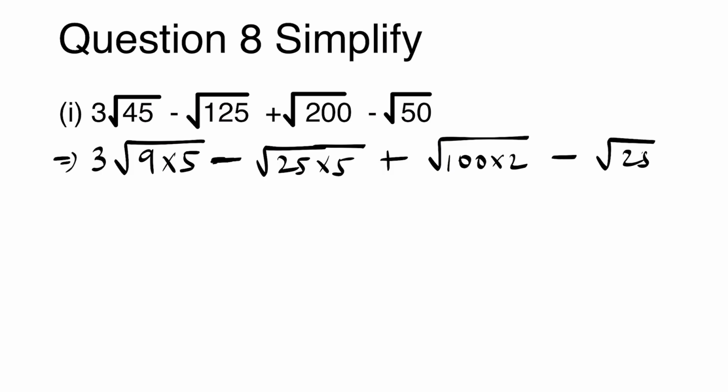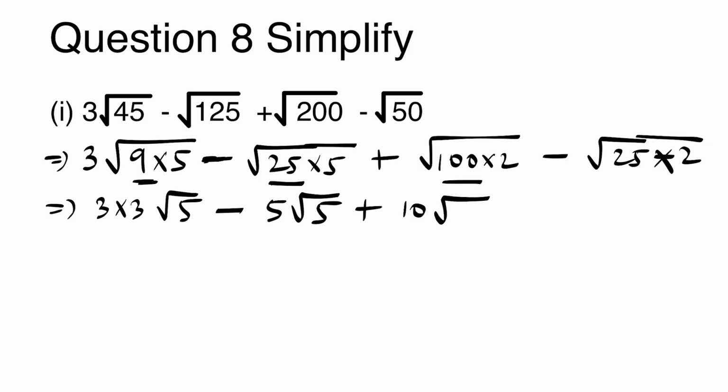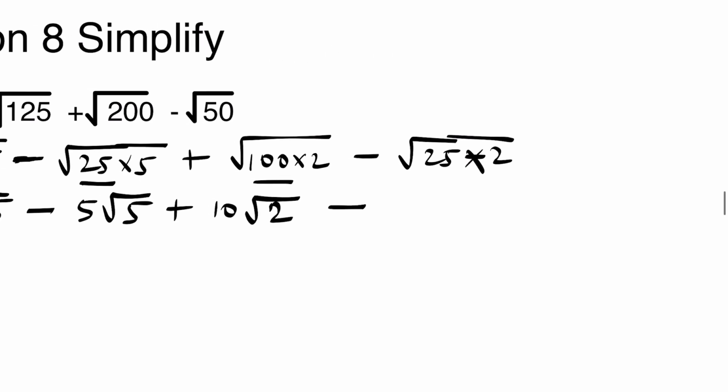This has 25 into 2. Now this is square of 3. So this will become 3 into 3 root 5 minus this is square of 5. So this will become 5 root 5. This is square of 10. This will become 10 root 2. This is square of 5. So this will become 5 root 2.